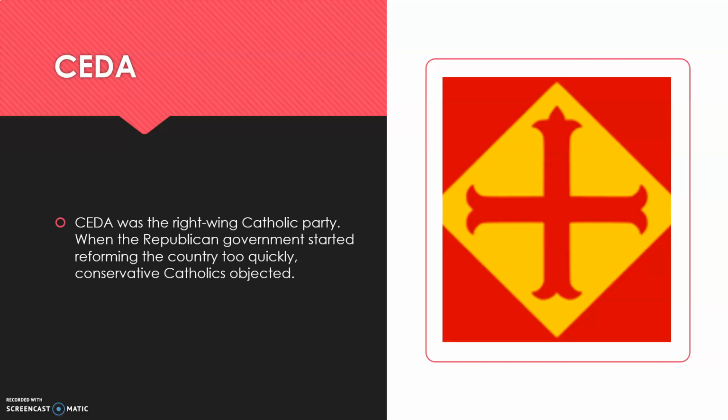One of the big things, among other reforms, that the Spanish Republican government did when the king abdicated and more progressive parties gained power was they started to engage in pretty radical reforms of the education system.